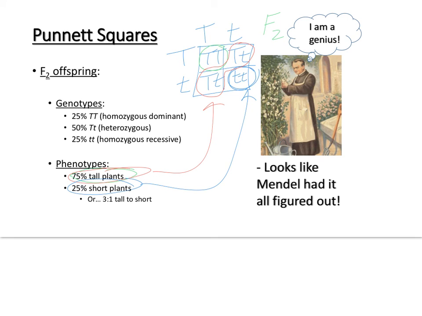In other words, if we want to put this as a ratio, we say that we have a 3-to-1 tall to short ratio. 3 tall for every 1 short plant that we would get. And again, this is exactly what Mendel saw with his true evidence. When he crossed the parental generation, he got all the same for the F1s, but when he crossed the F1s, he got a 3-to-1 ratio of dominant to recessive.